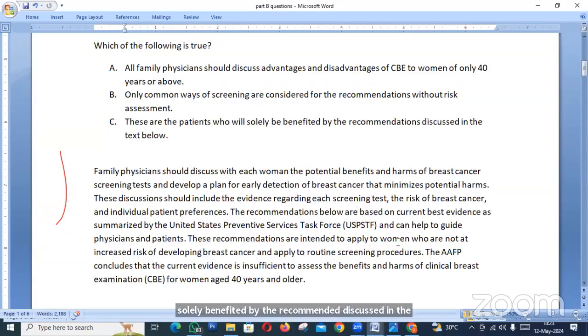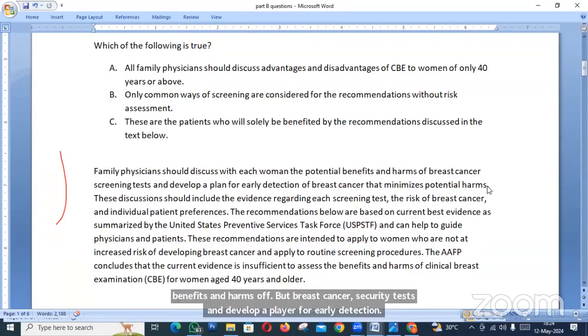The recommendation is intended to apply to women who are not at increased risk and apply to routine screening. We conclude that current evidence is insufficient to assess the benefits and harms of clinical assessment. Clinicians should discuss with each woman the potential benefits and harms of breast cancer screening tests and develop a plan for early detection that minimizes potential harms.